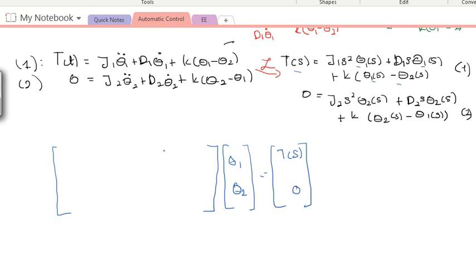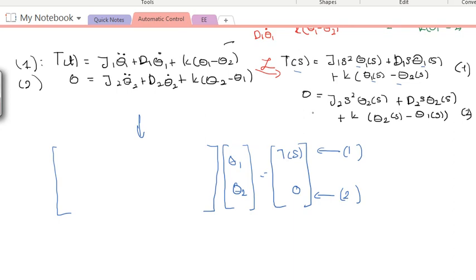So what we need to find now is the coefficient matrix, which is the multiplier of theta 1 and theta 2 that leads to the first equation and second equation. The first line comes from the first equation, the second line of the matrix comes from the second equation. So what is multiplied by theta 1, plus another term multiplied by theta 2, equals the first equation, which is T(s).